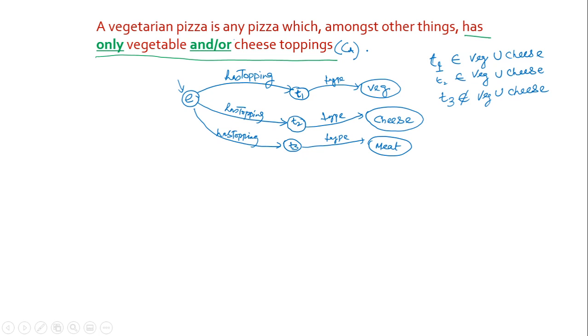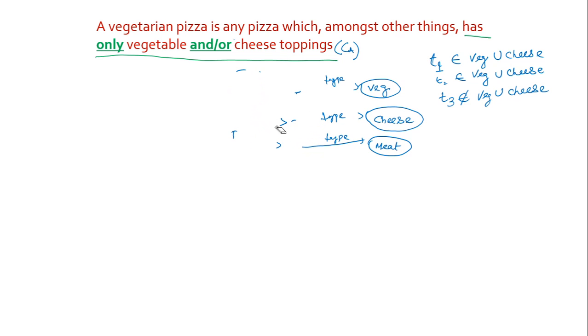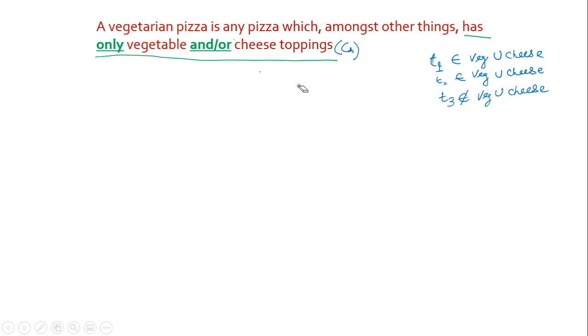So with this, let us try to define the concept vegetarian pizza using OWL functional syntax, right? We'll be using, as we have done, the equivalent classes structure. So equivalent classes, and you are defining veg pizza, right? It is an intersection of pizza and the anonymous class, which is CA.